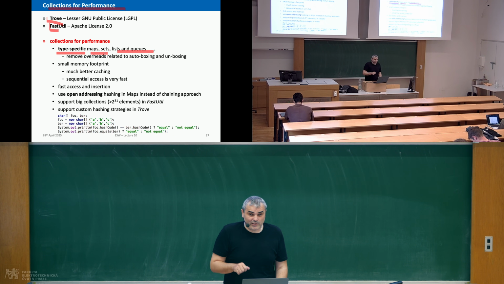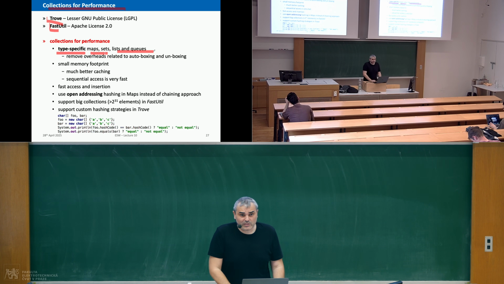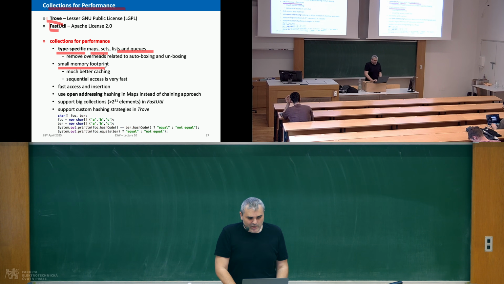So if you have, for example, an array list data structure, which has a backend array, in case of the standard array list, it contains an array of references to objects. You cannot put the primitive. In this case, in type-specific, it's an array of that primitive. So instead of references, the value is stored directly. They have a much smaller memory footprint, so better caching. Sequential access is extremely faster than before because those objects before are not stored in sequence.